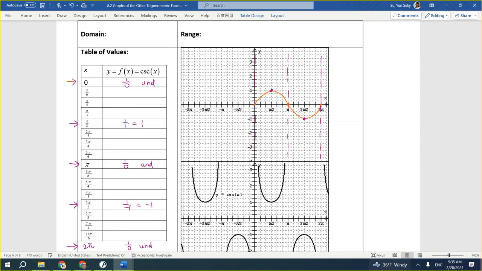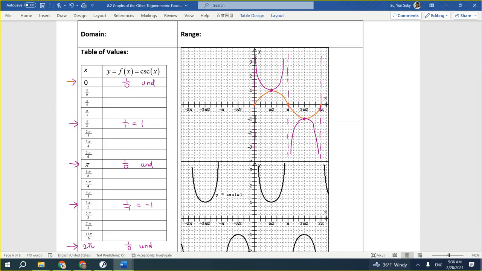Now, see, we have this point and we're approaching the asymptote. We draw it like this, but kind of flip it over, right? So go like this, and then here we go like this. So cosecant is going to be up, down, up, down. You flip the cosine or you flip the sine. Is that okay, everybody?